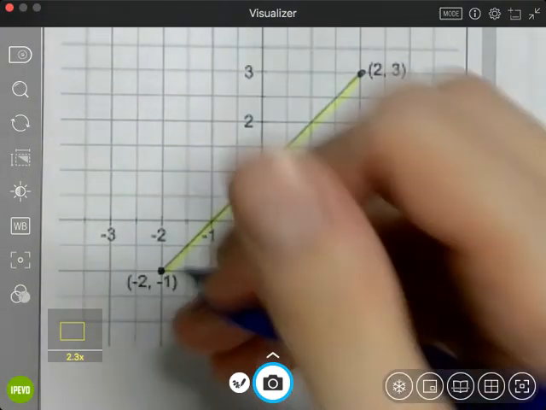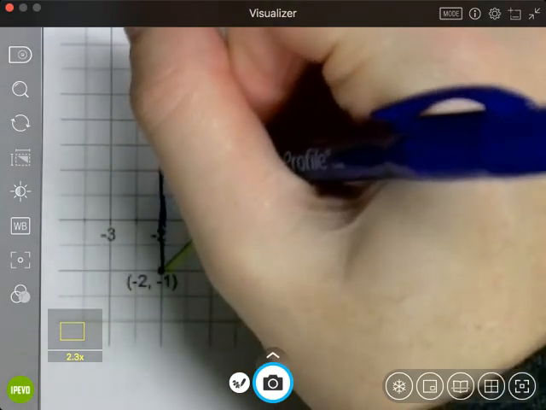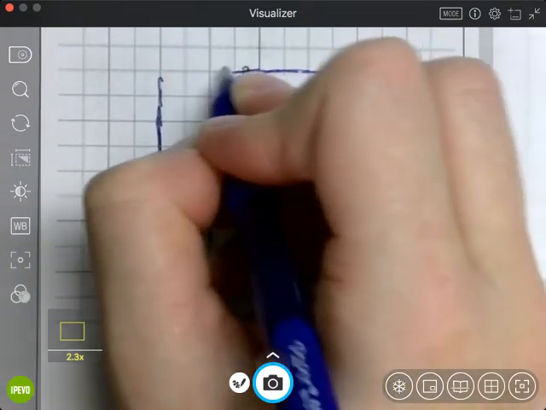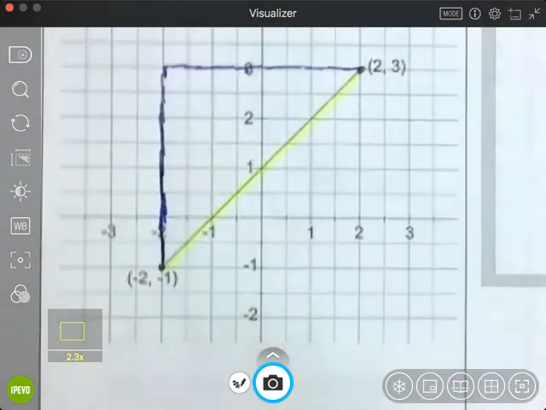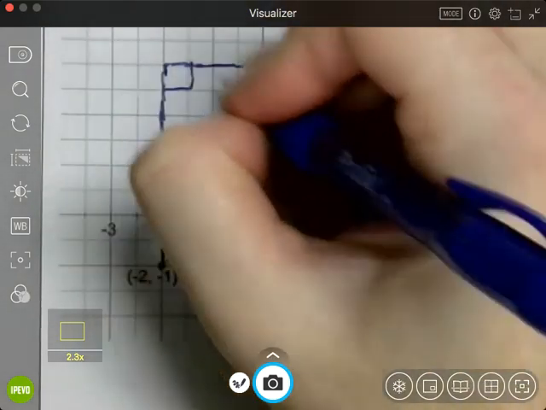We need to draw a triangle. That way we can find the distance.